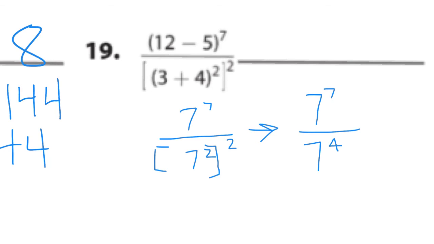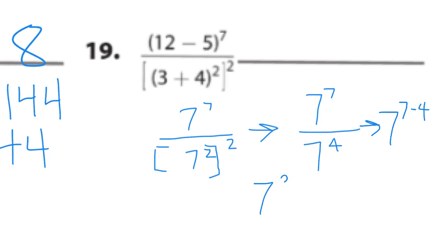Now keep in mind your rules that you had. When you're dividing and you have the same base, remember what you do with the powers? So in division, fractions are fancy divisions. Same base, you subtract the powers. So this is going to be equal to 7. The 7 take away 4, you subtract.